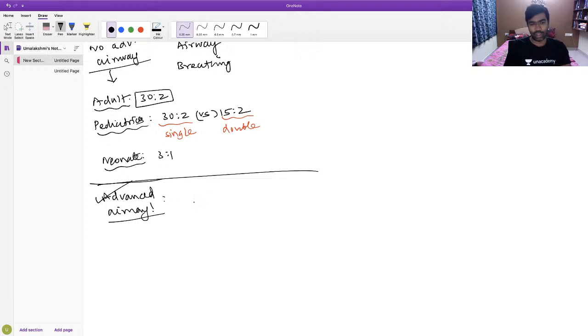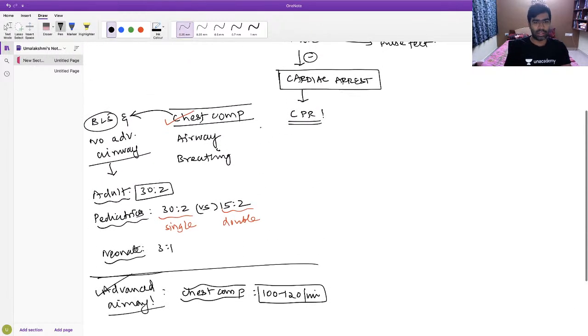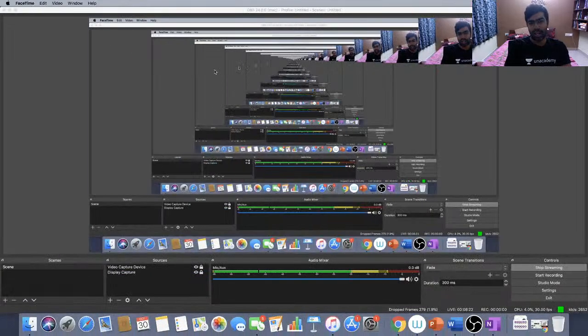In this particular situation, the rate of chest compressions has been clearly defined. It should be at least 100 to 120 per minute. This is something that is old. Here also the chest compressions are the same, 100 to 120 per minute, with the chest compression to rescue breath ratio of 30:2. We know that.